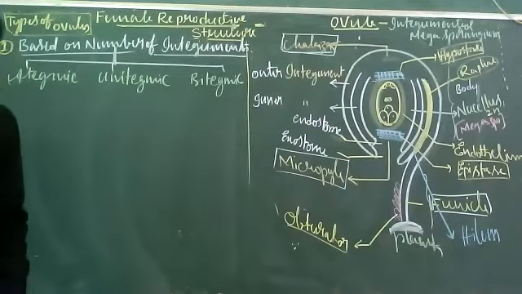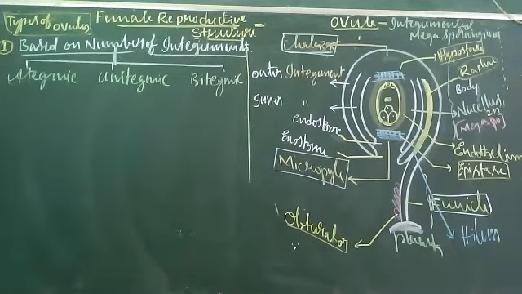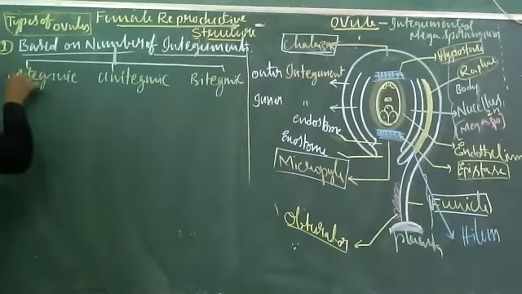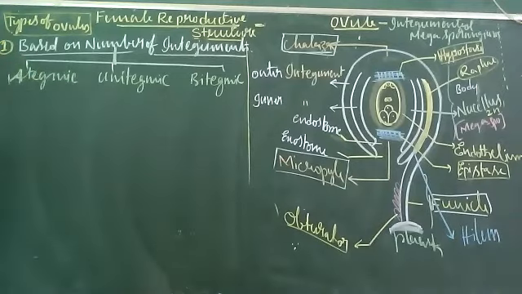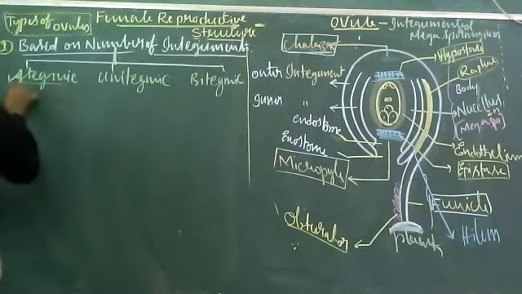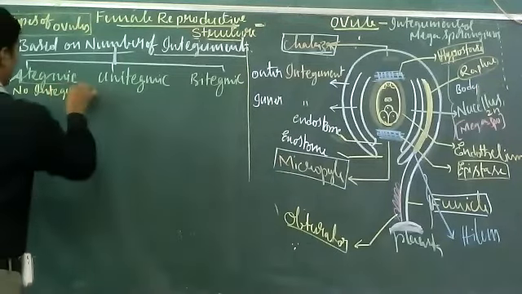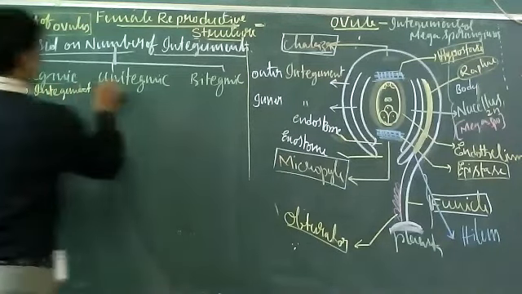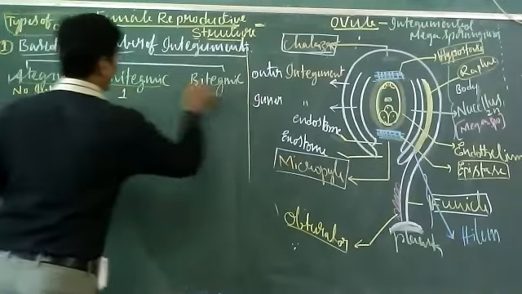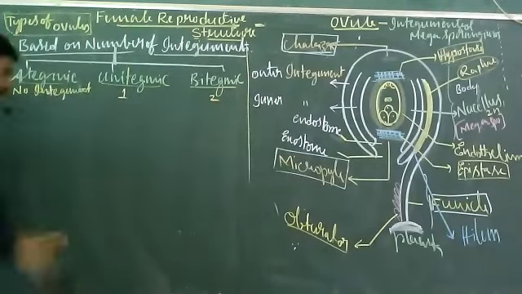So three types of ovules. Ategmic means no integument. Integuments are absent. Here only one integument, here two integuments.